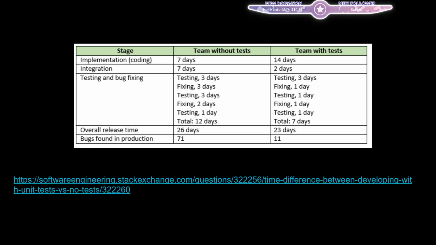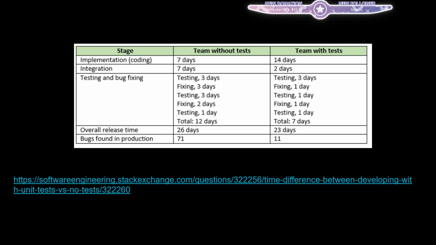Here is a case study found in a book called Art of Unit Testing. One guy basically measured how long did it take to implement the same thing for two teams of relatively same skill level.